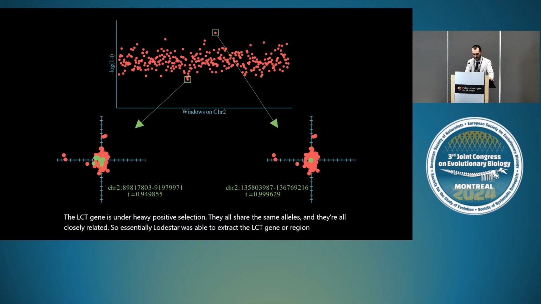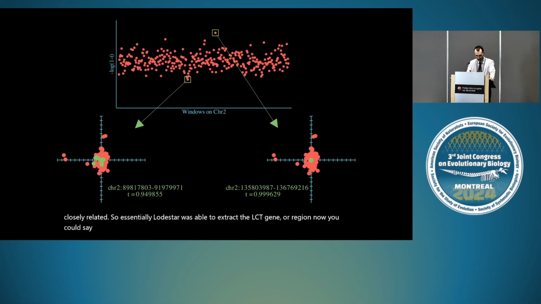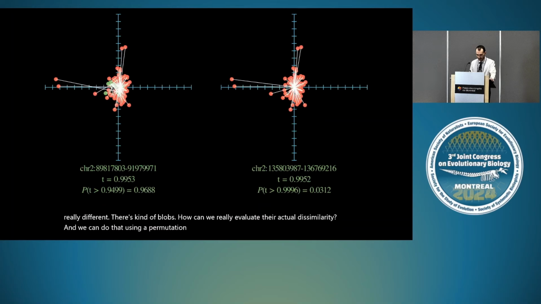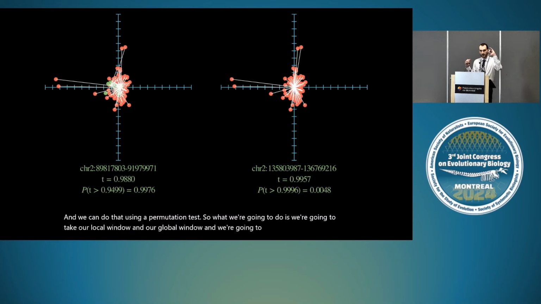Now, you could say that both of these green points in either plot are very structurally dissimilar, as reflected in the T statistic, but you might say they're not really different, they're just kind of blobs. How can we really evaluate their actual dissimilarity? We can do that using a permutation test. We take our local window and our global window, randomly permute the labels of the local samples corresponding to the global samples, and recompute our statistic.